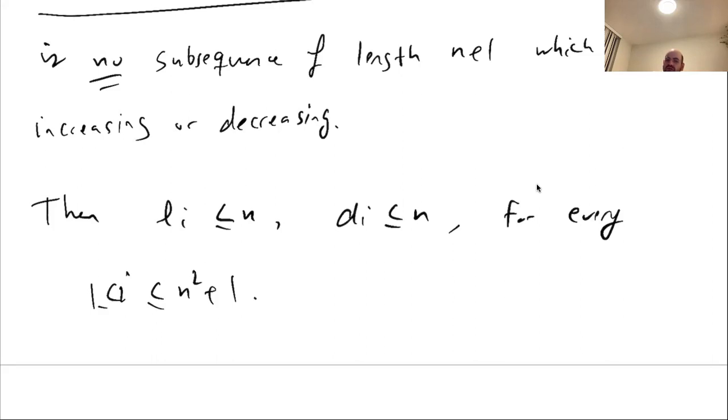But if I have no subsequence of length n plus 1 which is increasing, that means the longest increasing subsequence must have length at most n, because if I had n plus 1, then I would have a subsequence of length n plus 1 which is increasing. But I'm assuming that I have no subsequence of length n plus 1 which is increasing or decreasing. So Li for each i must be less than or equal to n. Similarly, Di must be less than or equal to n for every i.